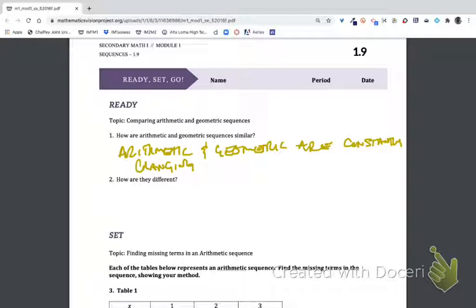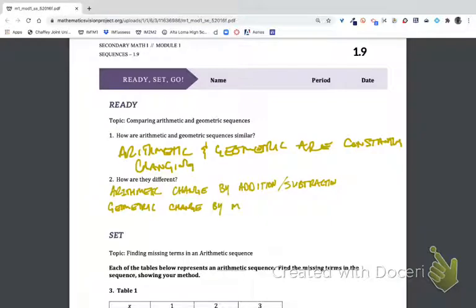However, arithmetic sequences change by addition or subtraction, whereas geometric sequences change by multiplication and division.